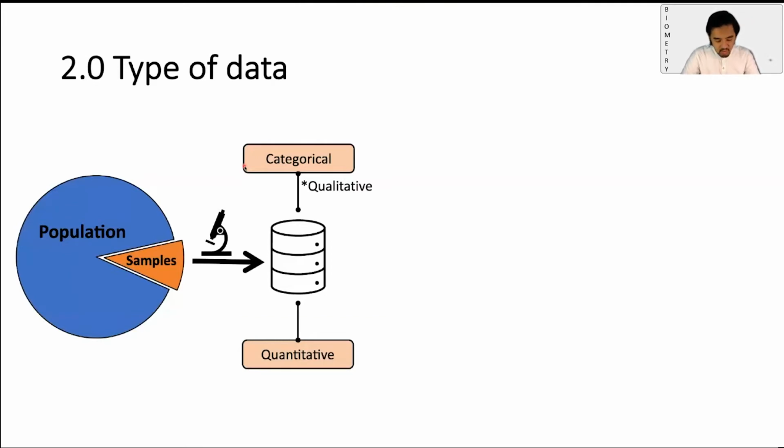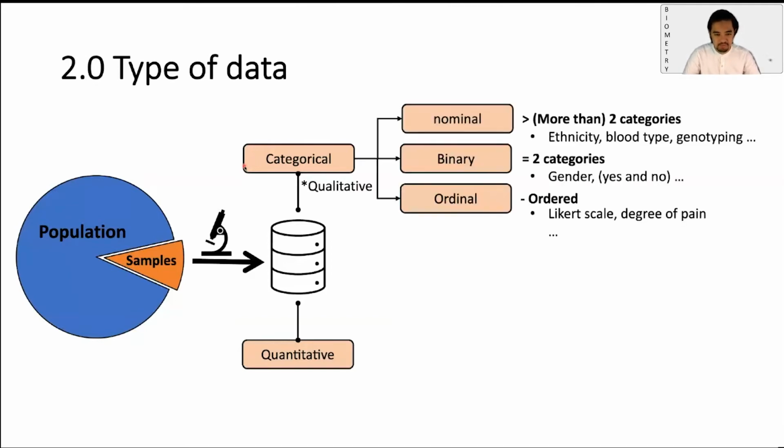When we're dealing with qualitative data, we always put them into categories, one or two or several categories. Besides calling it qualitative data, we also call this categorical data. We can further expand categorical data into three different types.